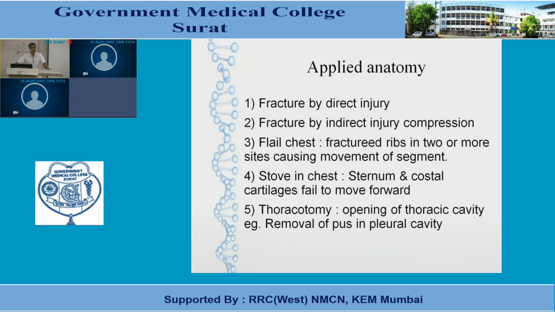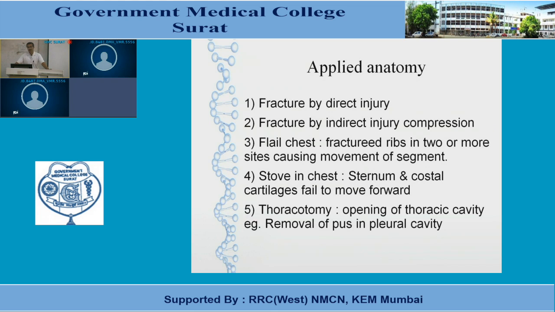Near the posterior angle of the rib. See the difference between direct injury and indirect, or you can say compression injury. In compression injury, there is fracture of ribs near the posterior angle, and the fracture ends of ribs will face outward, will go outward. Means there is no direct injury to the pleura.